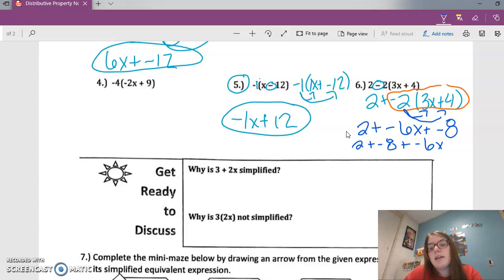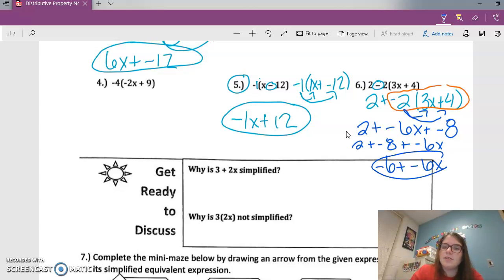Those are different signs, so I'm going to subtract. 8 minus 2 is 6, and it's going to be negative because the 8 is bigger. So I have -6 plus a -6x, and there's your final answer.